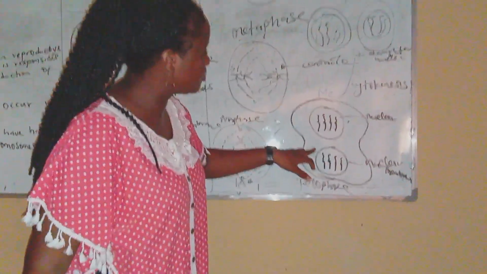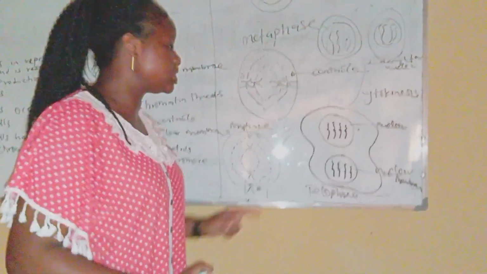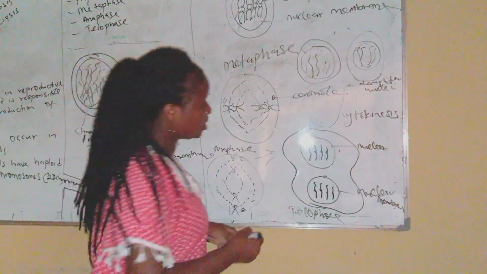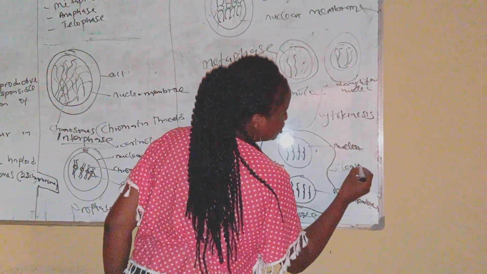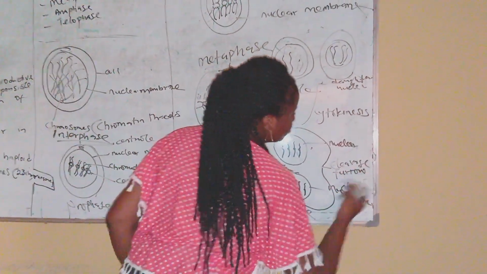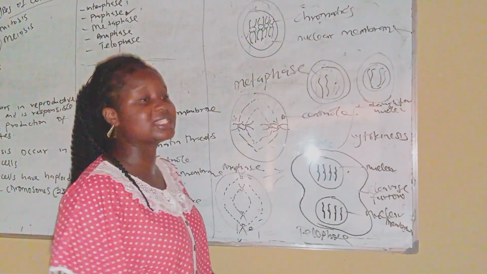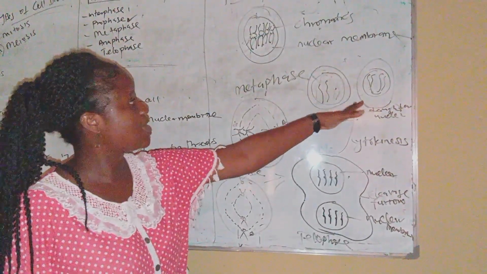So this furrow deepens, and when it deepens, it tends to separate the cytoplasm into two daughter cells, just as you can see. I forgot to represent it. This is called cleavage. So the essence of this is to bring about or help cytokinesis, division of the cytoplasm. So you can see the two daughter cells out here.